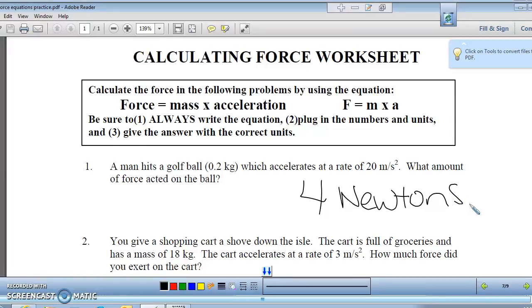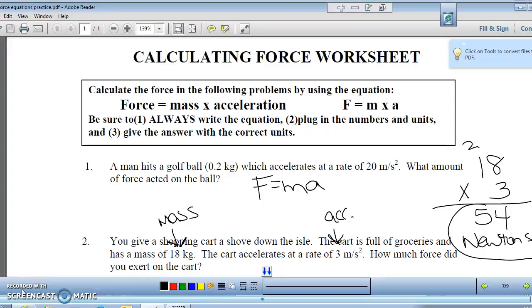Okay? Go ahead and read number 2, see if you can figure out which one's the mass and acceleration, and go ahead and try it. So this one was easy to figure out, mass and acceleration, because it used the word mass and accelerates. So you should have just multiplied 18 times 3, and you should have gotten 54. Make sure that you labeled it newtons, since force is always measured in newtons.